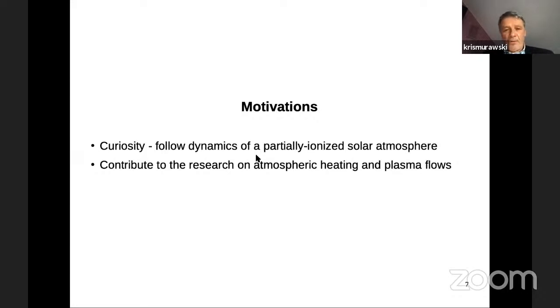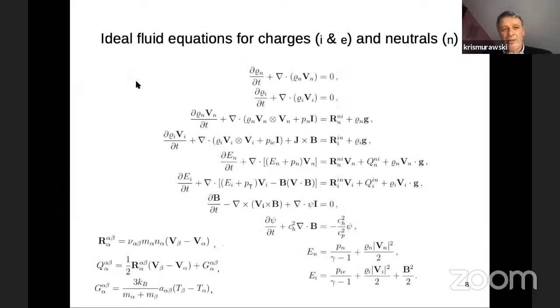All right. So now we have to devise a mathematical model for charges, for ions and electrons, and for neutrals. Of course, I should say that actually the solar atmosphere is more complex than I am displaying here.